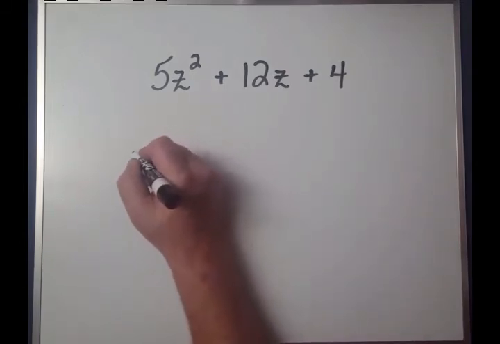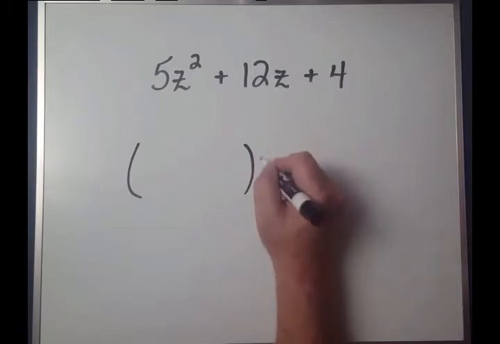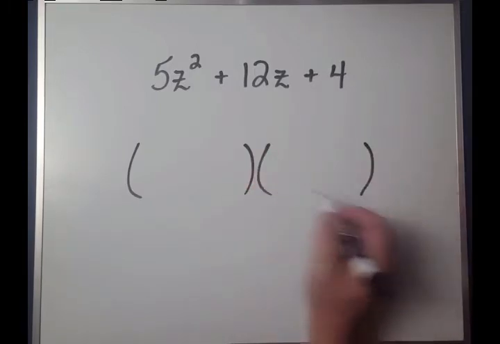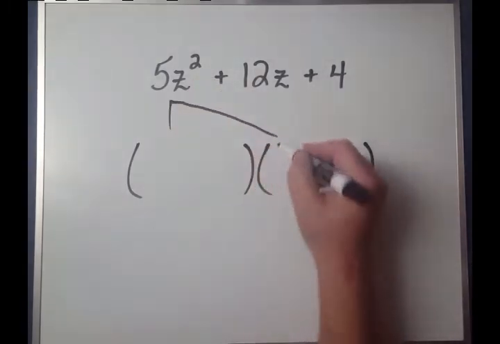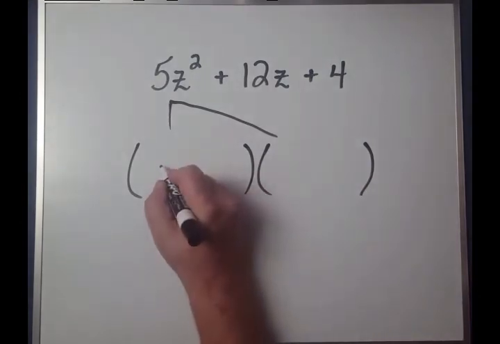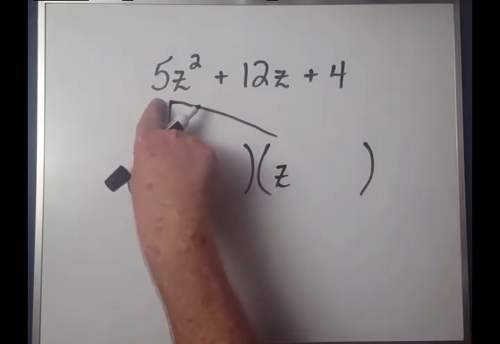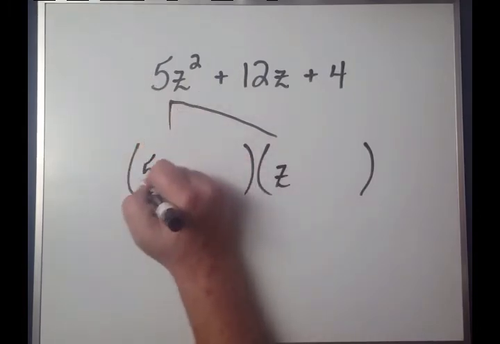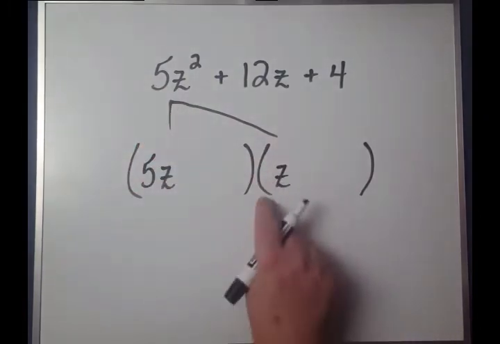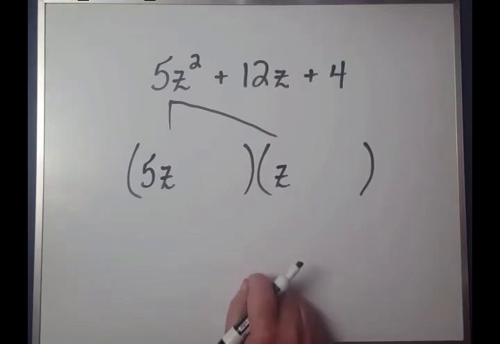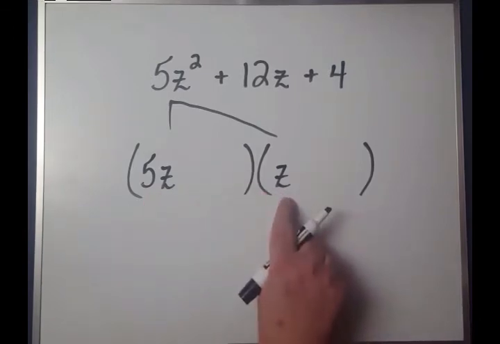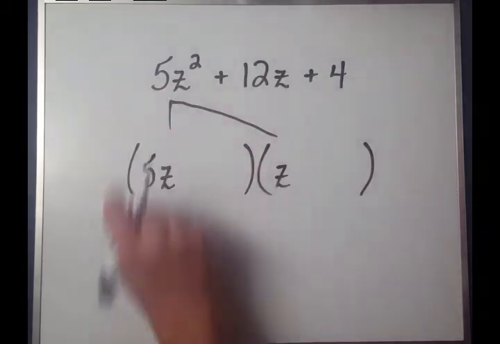If this trinomial factors, it will factor as a pair of binomials, each starting with some z term. And in fact, I can lock that down further. 5 is prime, so the only way a 5 falls apart is 5 and 1. I don't write the 1. 5z times z, when I FOIL this back together, will give me that 5z squared.